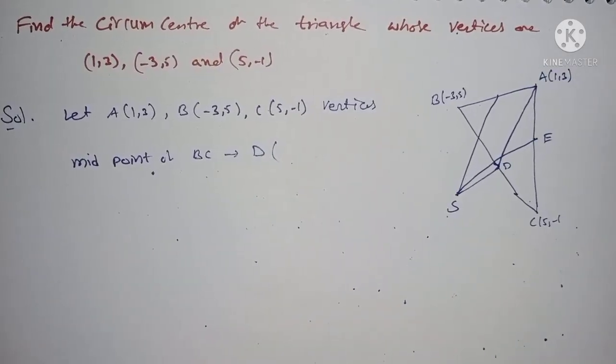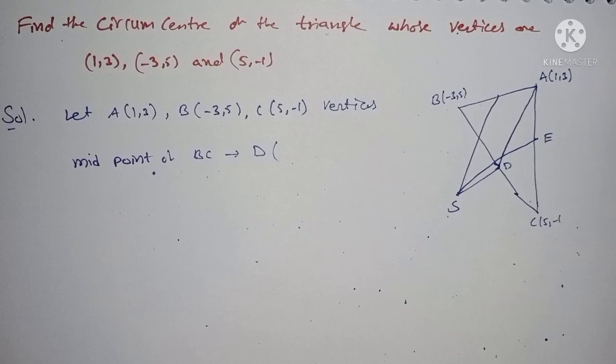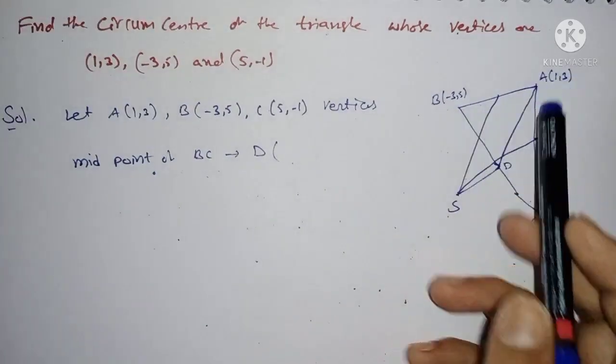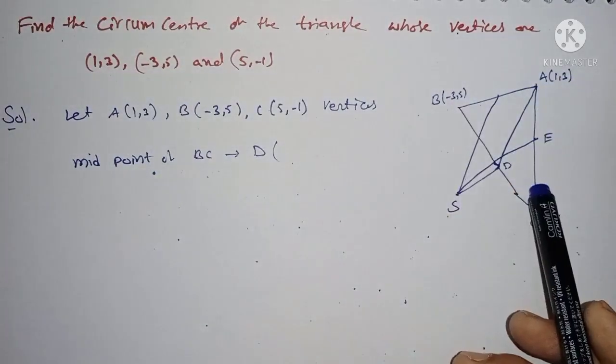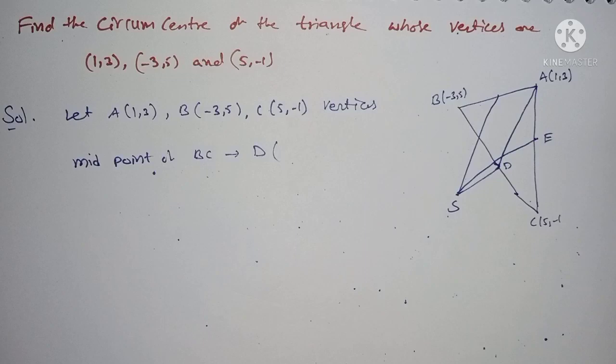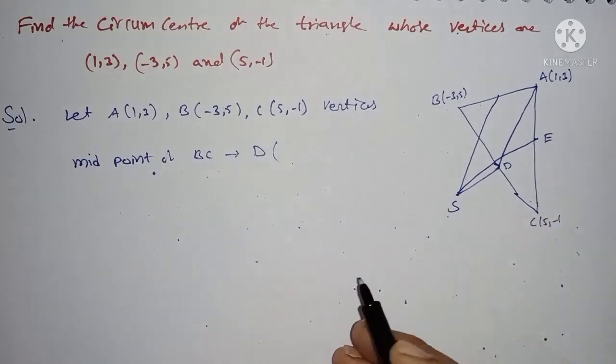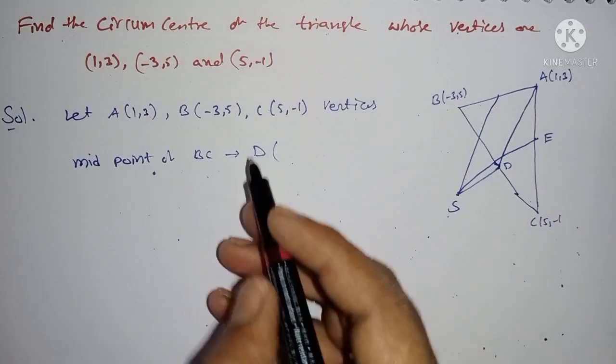Find the circumcenter of the triangle whose vertices are (1, 3), (-3, 5), (5, -1). The vertices are given. You can draw the triangle and the midpoints of BC and AC. D is the midpoint of BC.